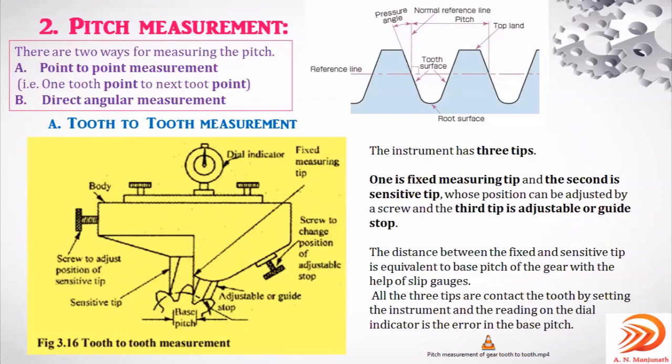This machine consists of three tips. You can observe the cursor here. This is the sensitive tip, and this is the fixed measuring tip.